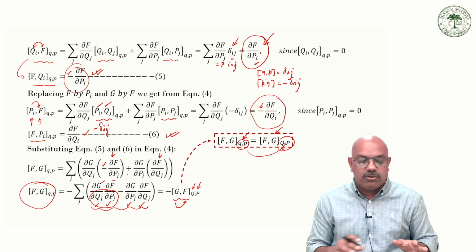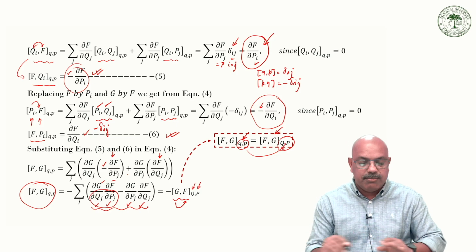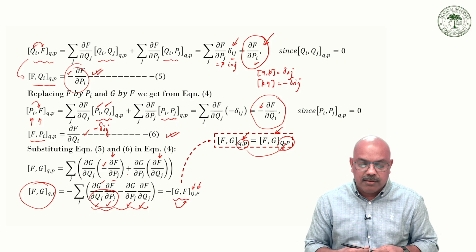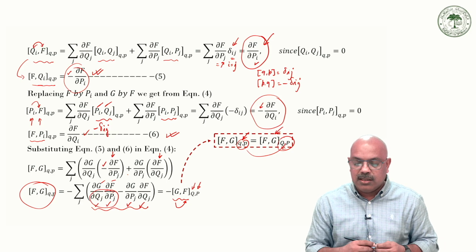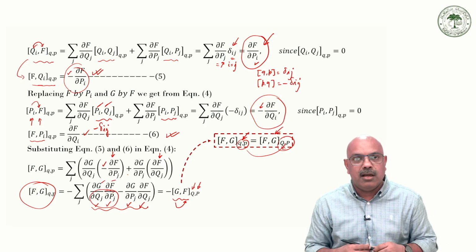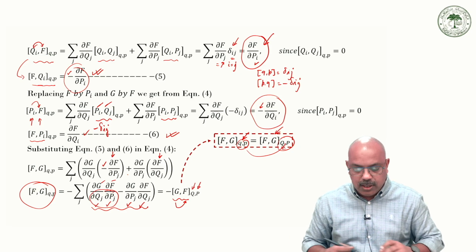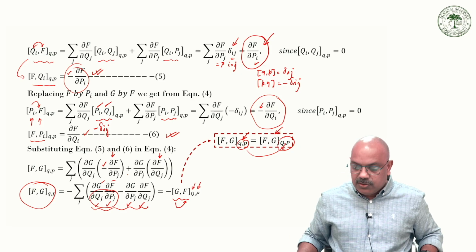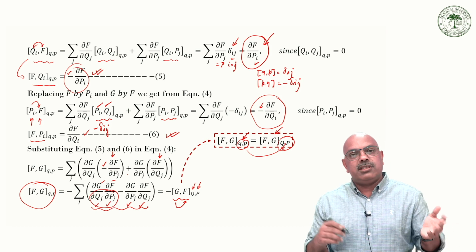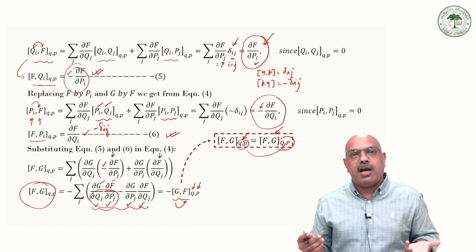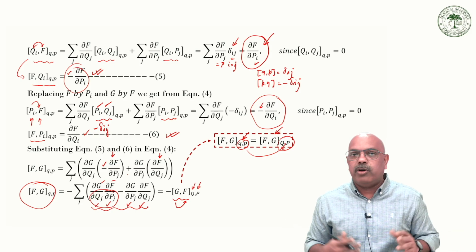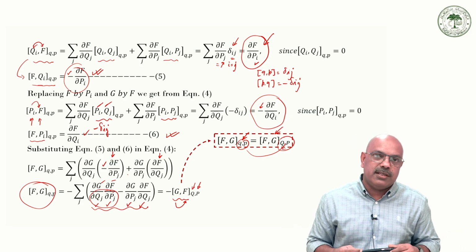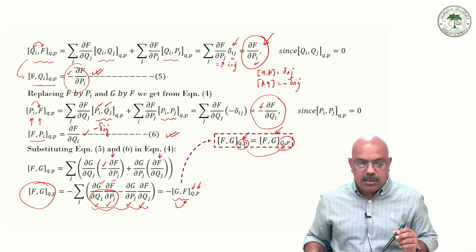With simple mathematical shifting and some properties applied, you get the invariance of the Poisson bracket under the canonical transformation. So we have to remember that if the transformation is canonical, then for any two functions which depend upon these canonical variables, their Poisson bracket is also going to be invariant under that transformation.